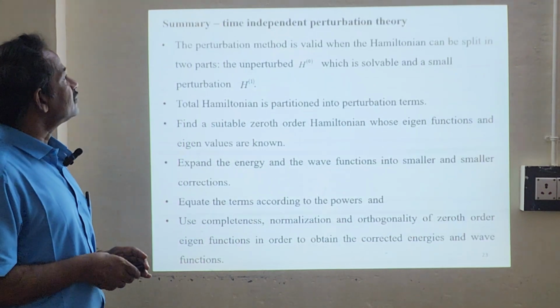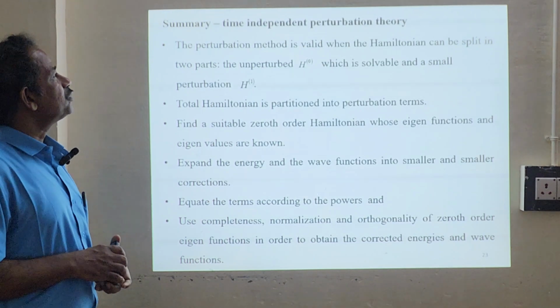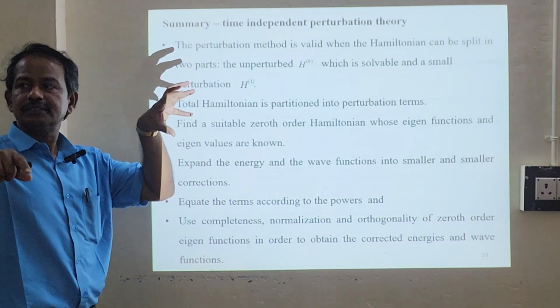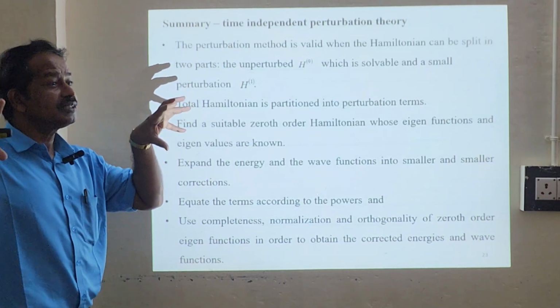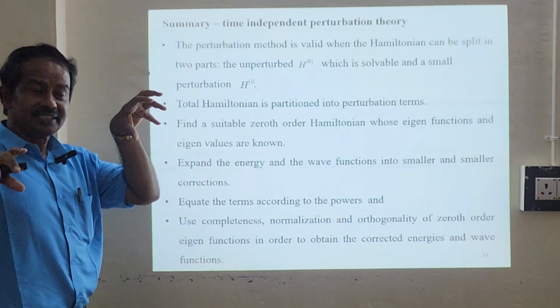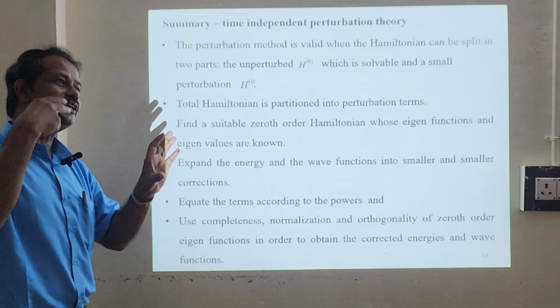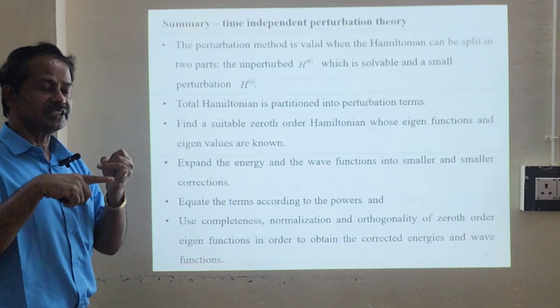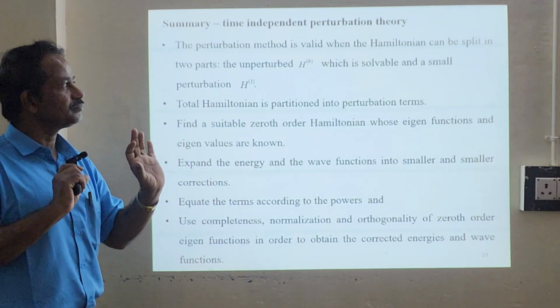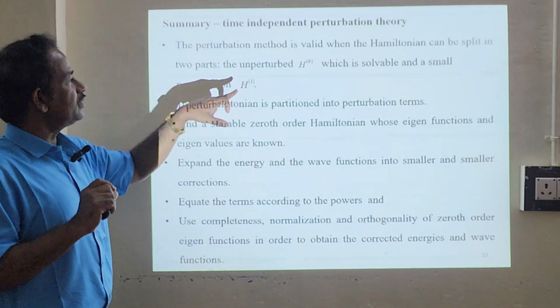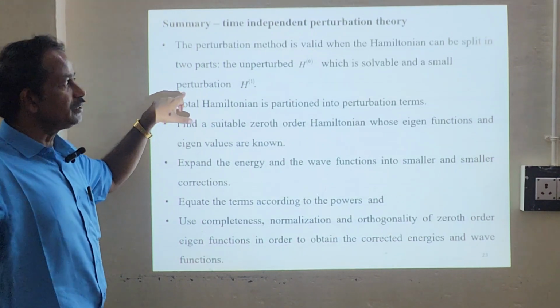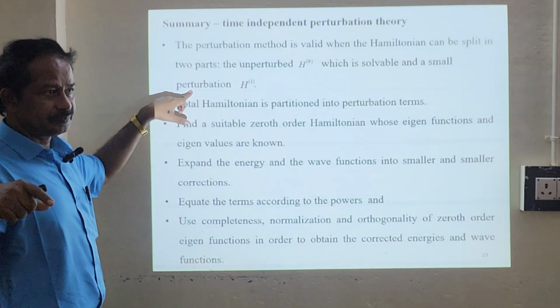Now what we have done so far. The perturbation method is valid when the Hamiltonian can be split into two parts: one is unperturbed, another one is perturbed. The unperturbed part is the exact solution which we have already done using the Schrodinger wave equation. We have obtained the wave function and energy eigenvalue, we know already. The second part we are going to solve using the expansion power series method, and this should be very, very small.